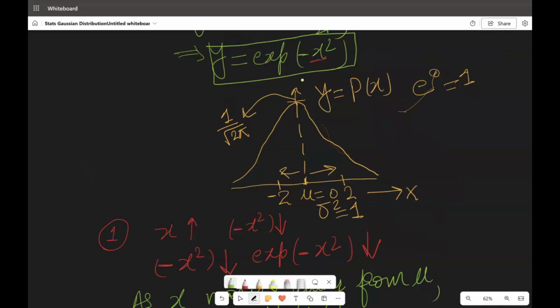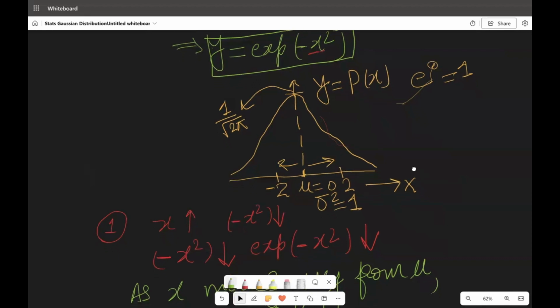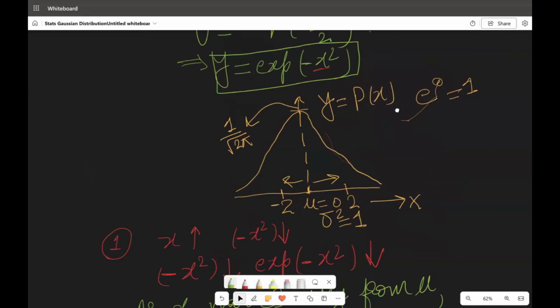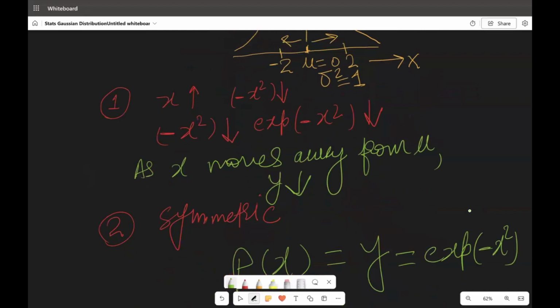It means that it's going to reduce exponentially, because here y is exponential of minus x square. So what is exponential of minus x square? It's nothing but 1 by e raised to the power of x square, right? Which means as x increases, our y is going to reduce because it's 1 by exponential of x. But what we have here is exponential of minus x square.